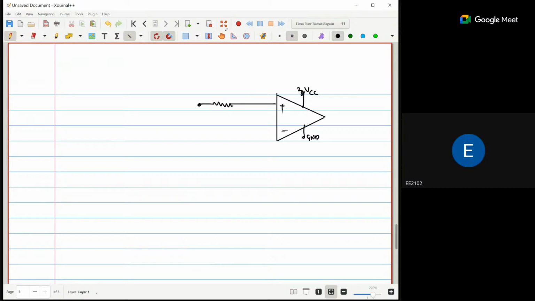So I just use the Vi plus VCC. That is the Vout plus VCC. The level that we boosted, everywhere we add this particular VCC.